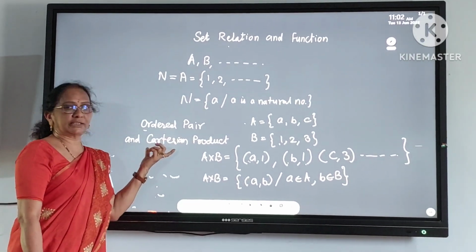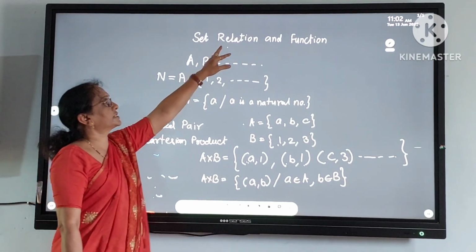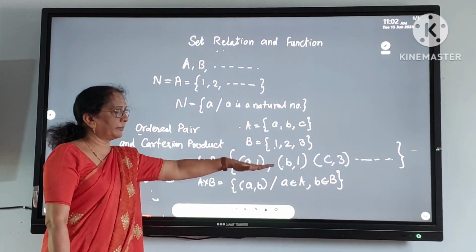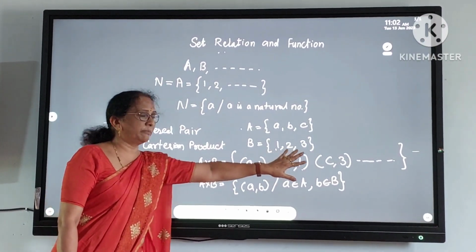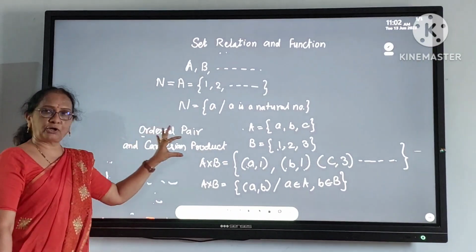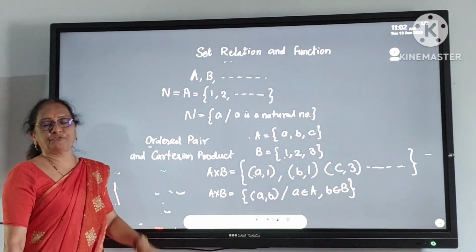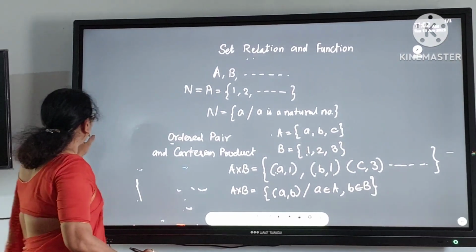And now from this Cartesian product we come to the concept of relation. The ordered pairs we have made, the set of those ordered pairs we call the Cartesian product. Now from this Cartesian product we will define a relation.